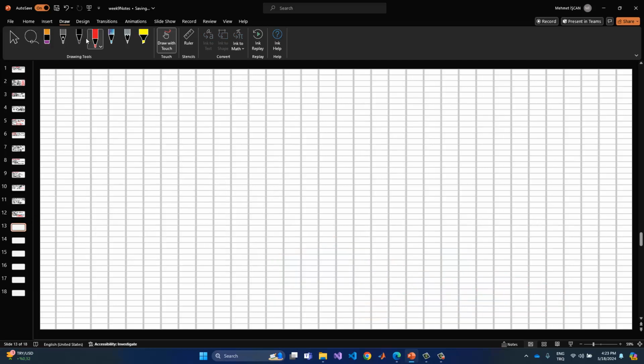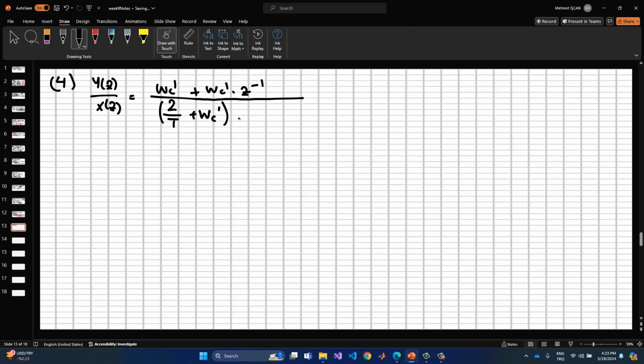But in the final form we need to write this equation differently, because if we want to implement this algorithm on embedded systems, we need to write it as Y(z) divided by X(z), which is equal to these terms: ωc' plus ωc' z^-1 over 2 divided by T plus ωc' plus 2 divided by T minus ωc' times z^-1, okay?